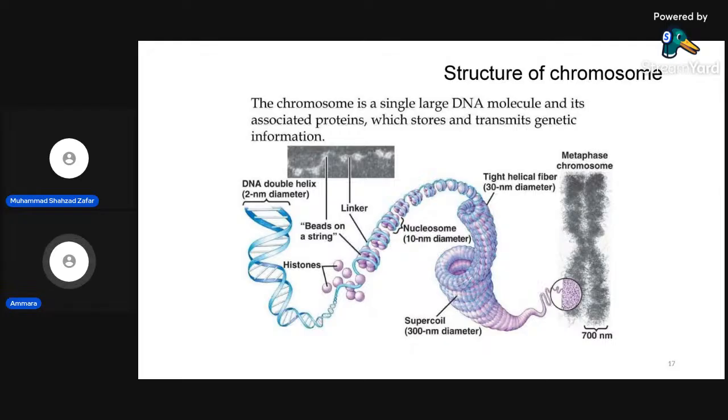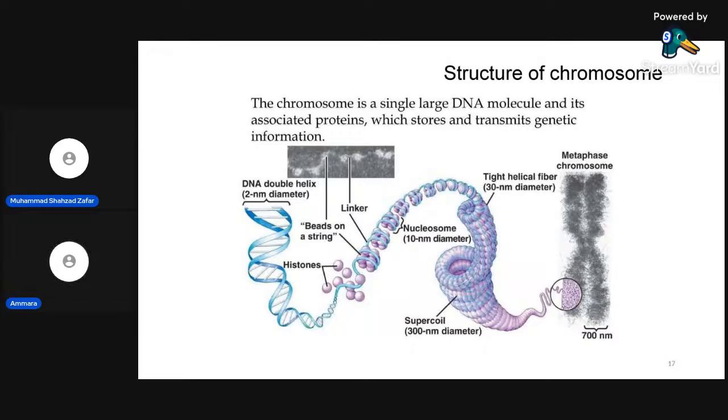So what is DNA? DNA is the genome that is involved in the formation of protein. And I think you all know very well proteins are enzymes, and enzymes are used in the regulation of metabolism.